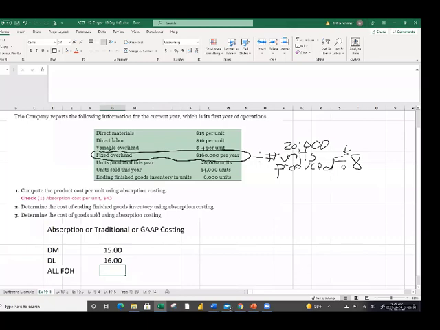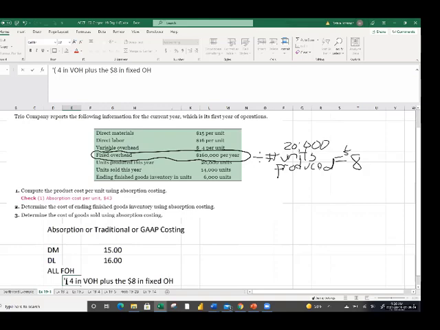That's the fixed overhead. That's the one that is going to change between these two methods. The variable overhead was given at 4. So if we're looking at all the overhead, just kind of in a note below, that would be the $4 in variable overhead plus the $8 in fixed overhead.